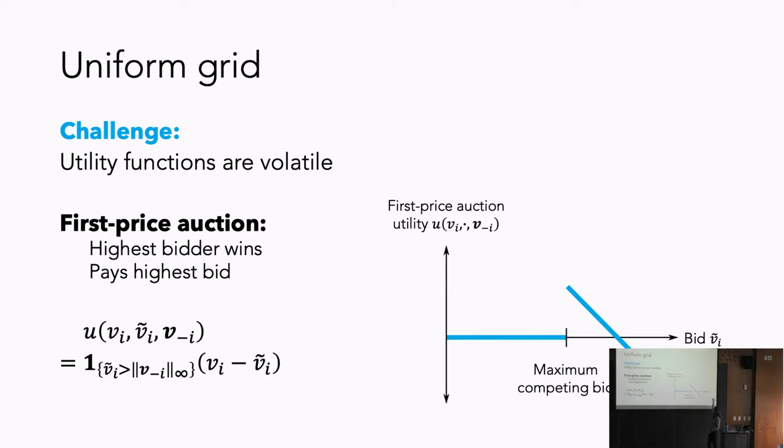Otherwise, once their bid grows larger than that max competing value, their utility is going to be their value minus their bid. Right? So it's just a line where the y-intercept of this line would be their value, and it's just decreasing linearly with their bid.